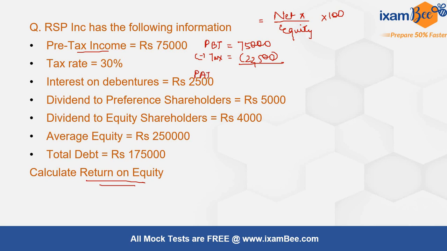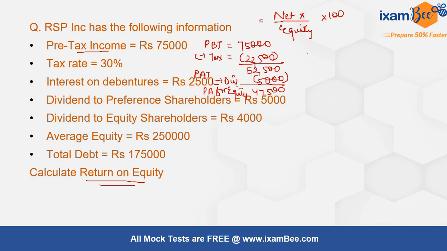PAT, profit after tax, will be 52,500. In 52,500, interest we will not be taking because it has already been deducted, right? Yes, so we need to take dividend paid to preference shareholders of 5,000. Then we will be left with 47,500 of profit available for equity.